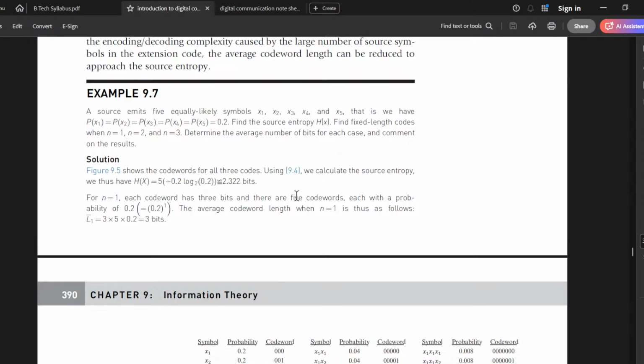Okay, Hx according to the formula is minus the sum of pi log 2 of pi. So here, 1 upon 0.2, five times, so just multiply by 5. The pi will come as a multiplication factor also: minus 5 times 0.2 log 2 of 1 upon 0.2.